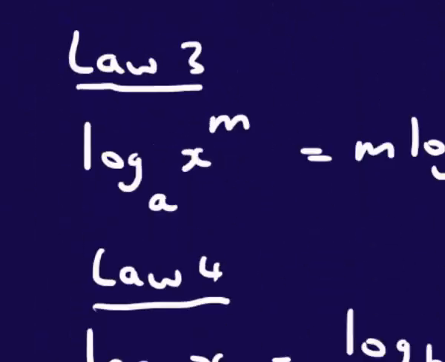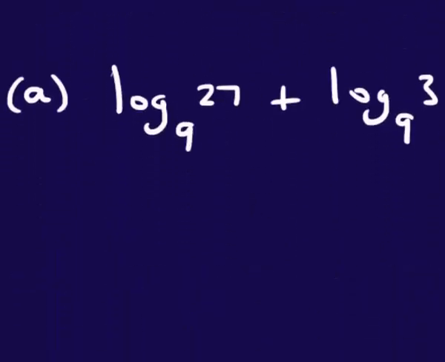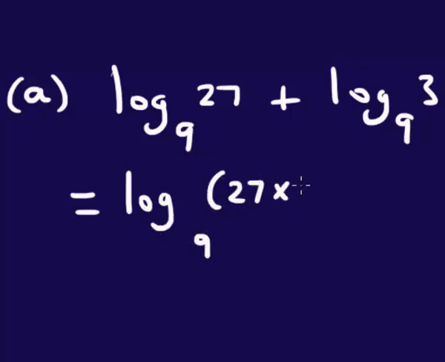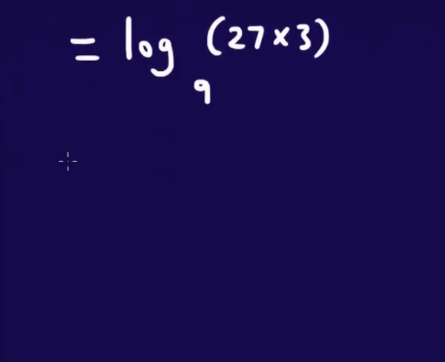Since the bases are the same, we can write it as one log to base 9, and we say 27 multiplied by 3. That's the first law. In other words, if the base is the same and you're adding the logs, you can write one log and multiply. This is quite fun, because this equals the log to base 9 of 81.